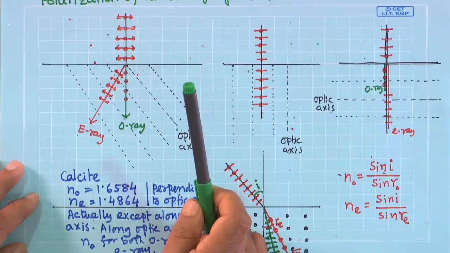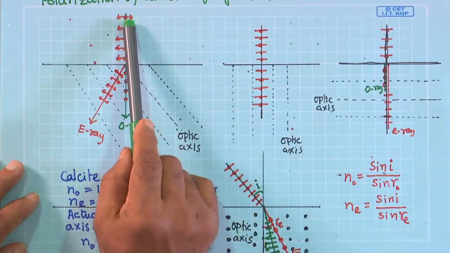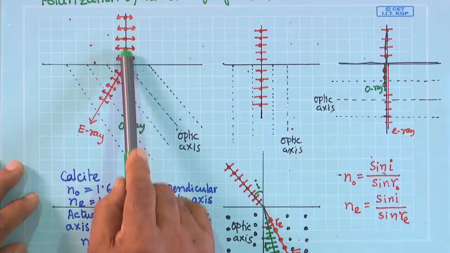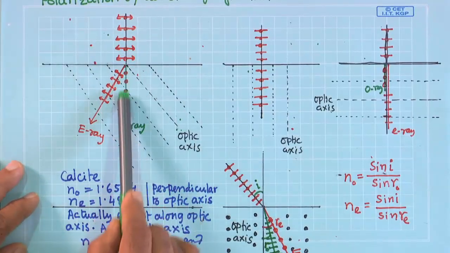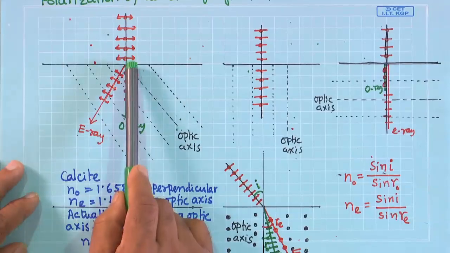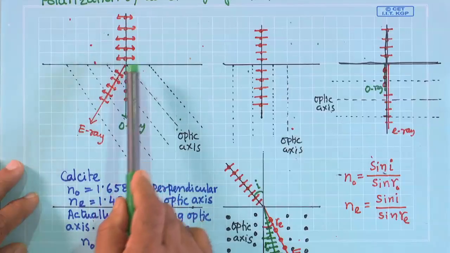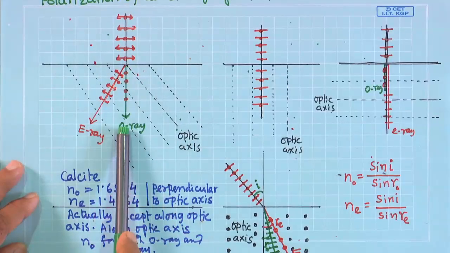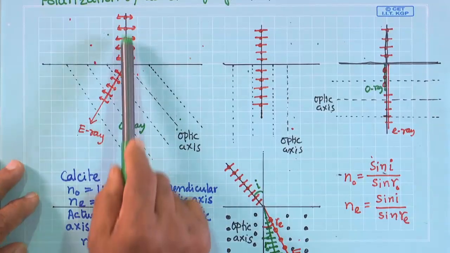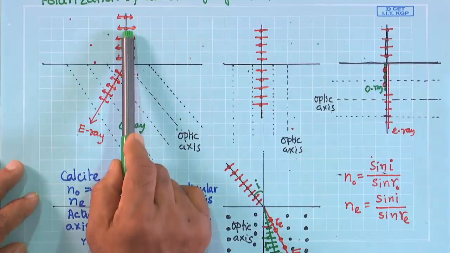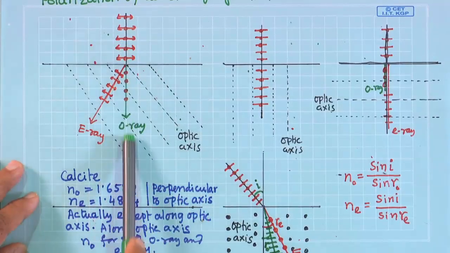We would expect refraction just this way, right. Because the incident angle here is 0, the refracted angle also will be 0. So we will get refraction along this direction.